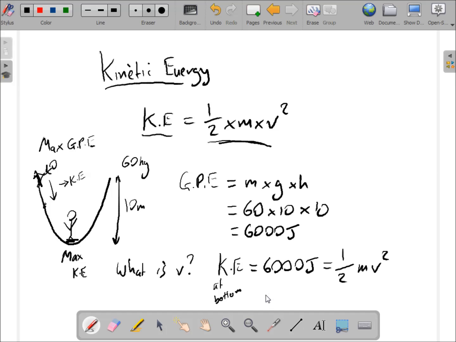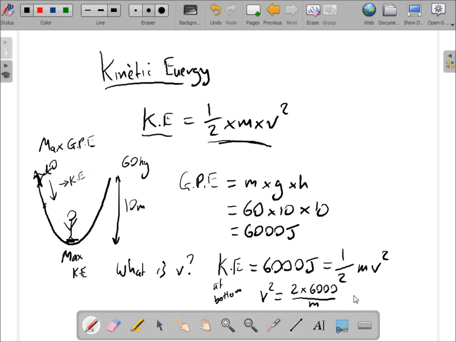Because if we rearrange for v, well, firstly, we'll rearrange for v squared first. It's going to be 2 times our 6,000 joules divided by the mass.